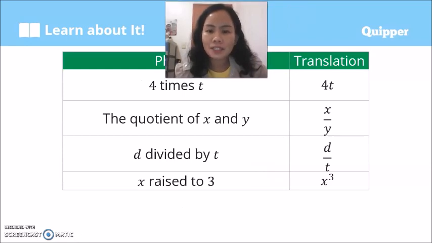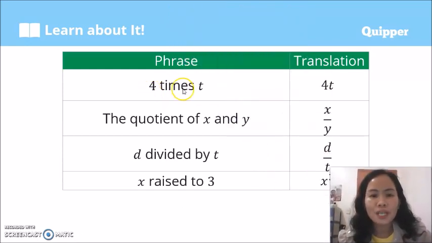Okay? And another, we have 4 times t. 4 times t. So, ipagdikit lang din yan. Pagtabi, 4t. The quotient of x and y, multiplication, division ng quotient. So, that's x divided by y or x over y. D divided by t. So, that's d divided by t. And x raised to 3, exponent ito. So, x cubed or x raised to 3. Ayan.